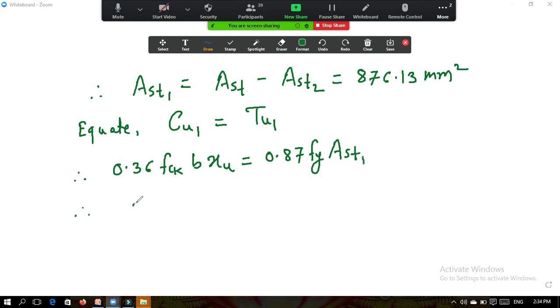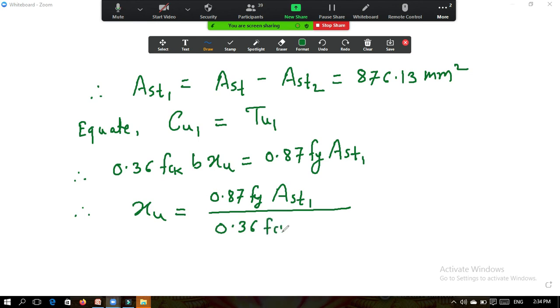Therefore XU is equal to 0.87 Fy AST1 whole divided by 0.36 FCK B. If you solve this, you will get the value of XU.